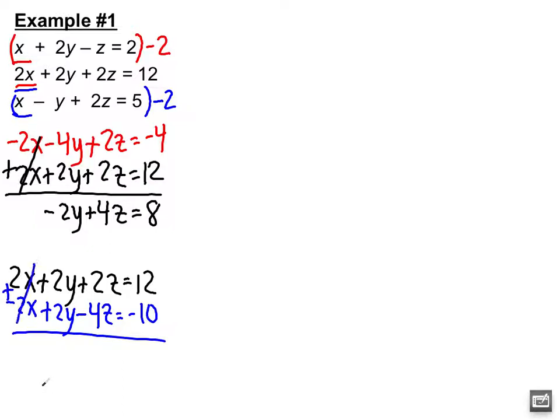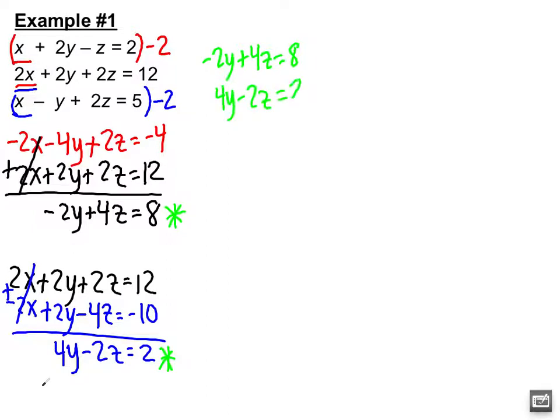When I add, my x's are eliminated again. And I have 4y subtract 2z is equal to 2. Now, these two equations have become a new system, so I'm going to rewrite them. I have -2y, add 4z is equal to 8, and 4y subtract 2z is equal to 2.